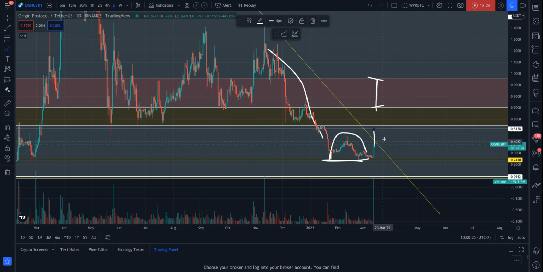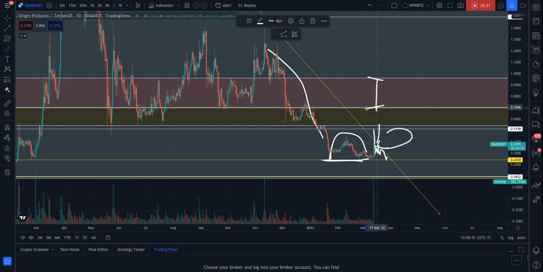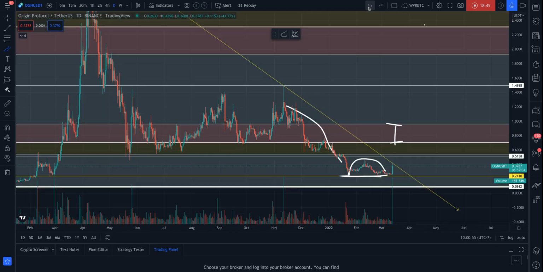And if they can do that, it confirms this breakout. Else, we will have this price continue on this sideways. But if they break above 0.4 and tomorrow's candle opens and they're able to make it above 0.4, they are going to get to 0.6, and then they will get to the 0.7, 0.8 range. That is where they are going to face their next battle.